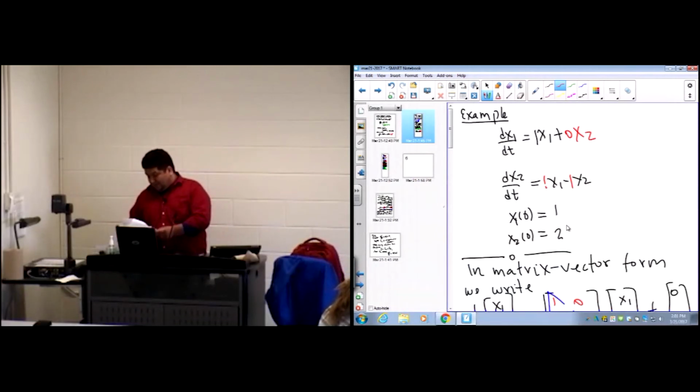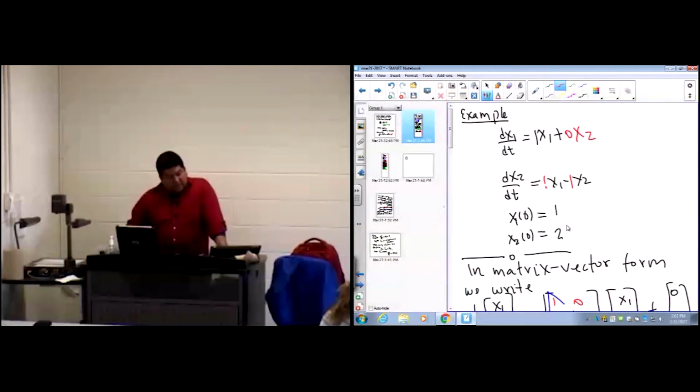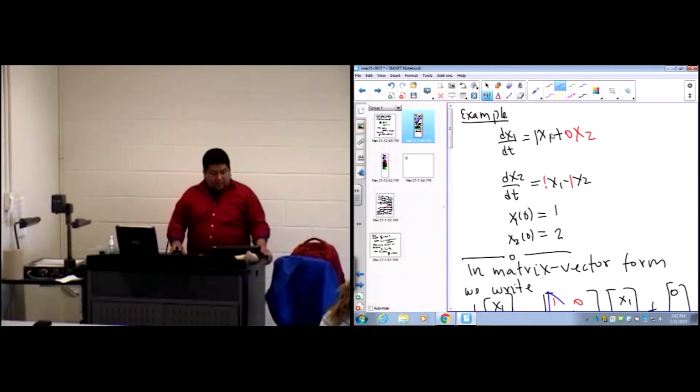And what I really meant was to work out an example of the non-homogeneous type of formulation, but this is the example we have in this part of the textbook, right?